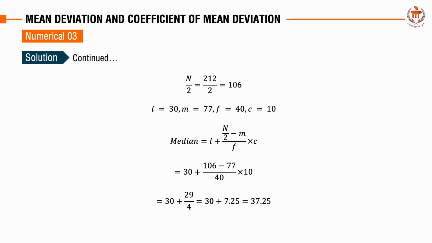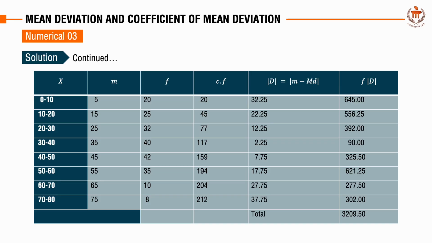Once you have the median as 37.25, we can find modulus of D, which is basically the modulus of each M value minus the median value. Means 5 minus 37.25, you'll get 32.25.